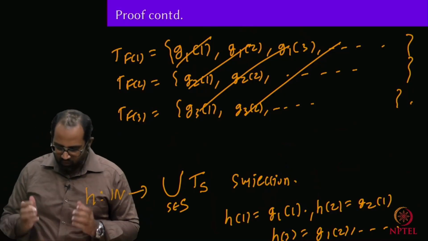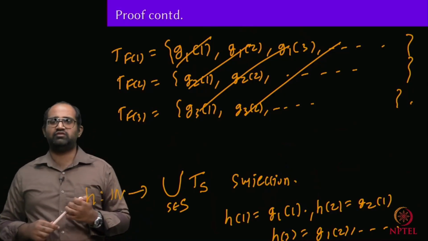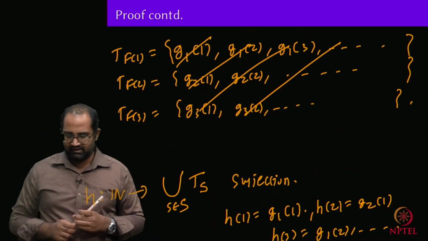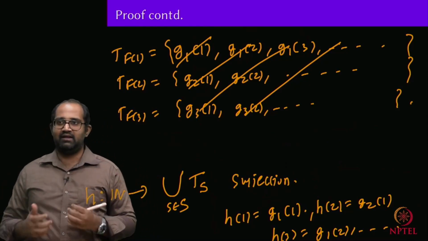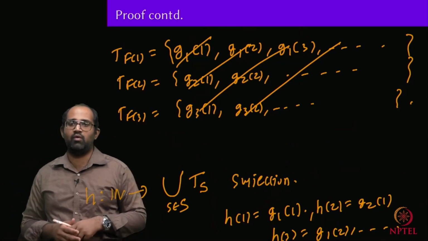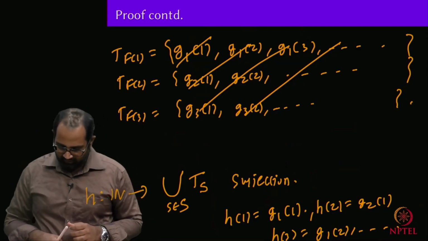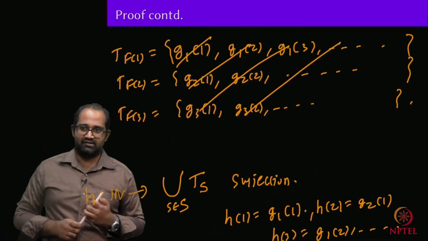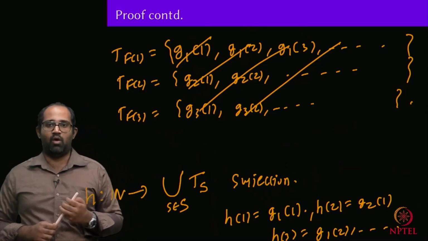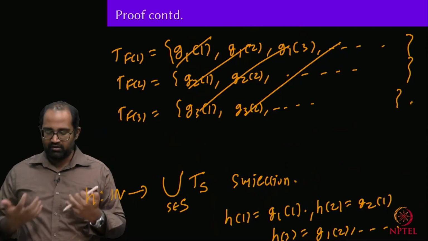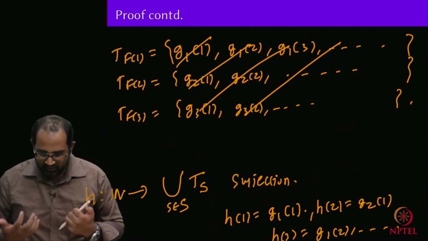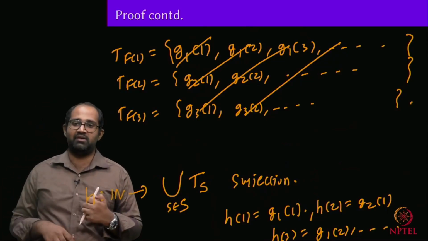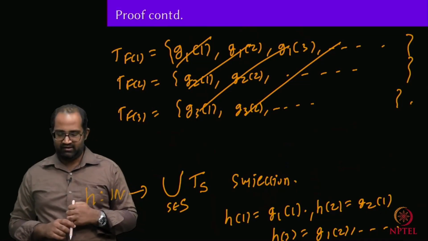Having done that, we have shown that the elements can be listed, therefore the union is a countable set. This fact, that a union of countably many sets which are themselves countable is countable, is very easy.